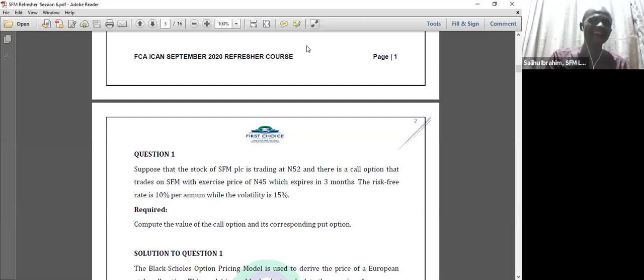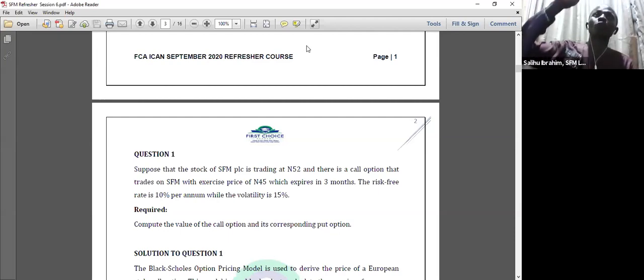However, as the option approaches maturity, say this is September and you have bought the option that you want to exercise in December. If the option price presently is 10 naira, for instance, as December approaches, the price might change from 10 naira. As the option expiry period approaches, the price of the option will change. It's either the option holder is gaining or the option holder is losing.